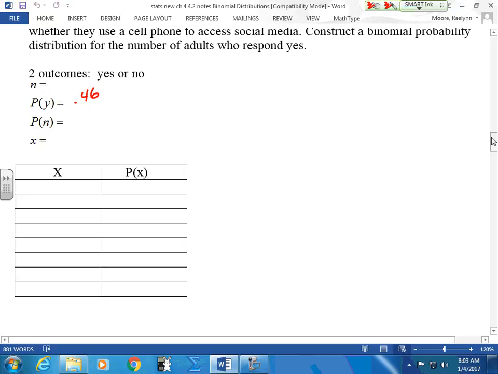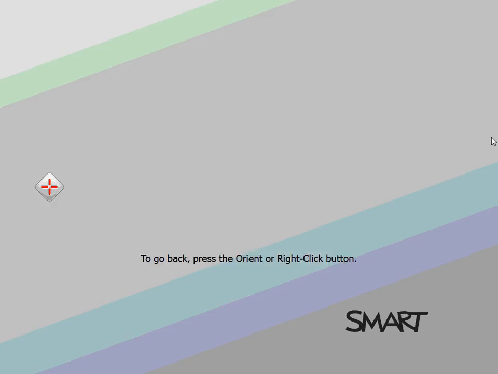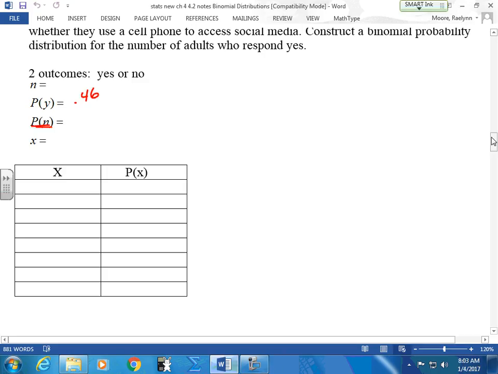Everybody else, no. All of those other 6 categories are grouped into the no. So let's reset this into the no. So I do this by saying 1 minus 0.46, and I get 0.54.